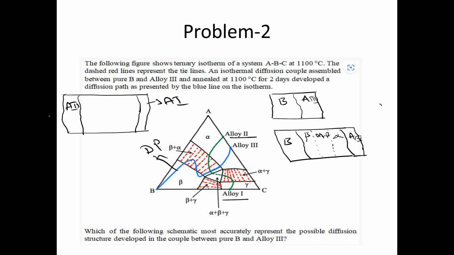So when we are moving from alloy 2 to alloy 1, first we will be getting the alpha phase. Okay, this is alpha phase, and again it is moving towards the alpha plus beta phase. After that, it is entering into the three phase region.